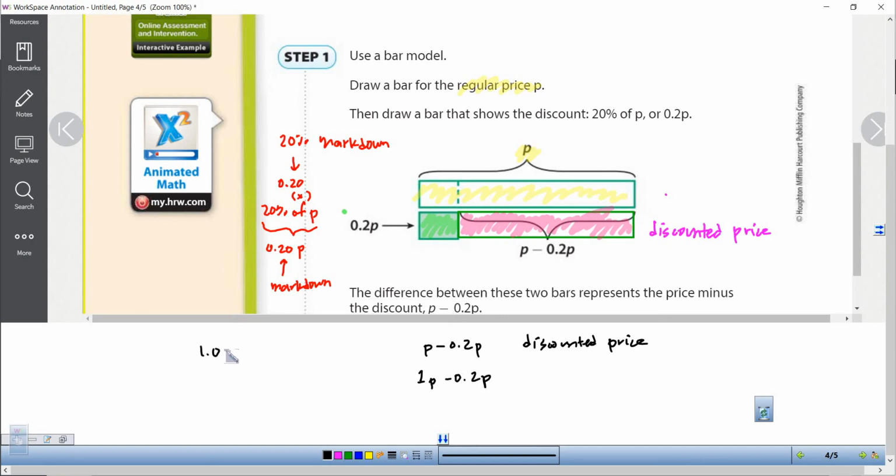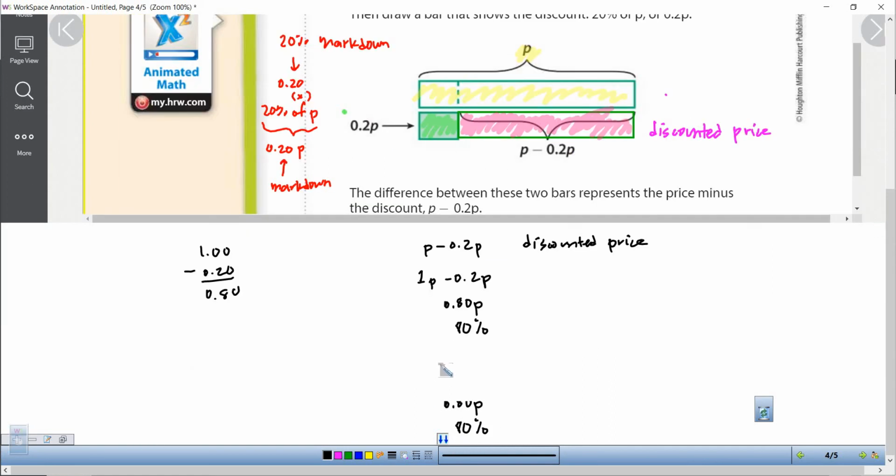We have 1.00 minus 0.20. Remember I put the 0 on there. If we do that, we get 0.80P, or just 0.8P. You could do it either way. Again, I'm going to keep that 0 on there because I want to emphasize that what we now have is 80% of our original price.